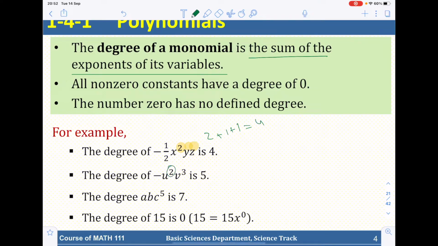And the same here, we add 2 with 3, and it gives us 5. And here we add all the exponents together, 1 plus 1 plus 5, which is 7. And the degree of 15: as I said before, the variable here equals 1, so it's raised to the power 0. So the exponent is 0, so the degree is 0.